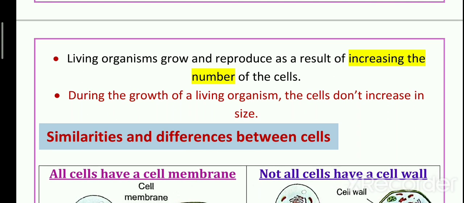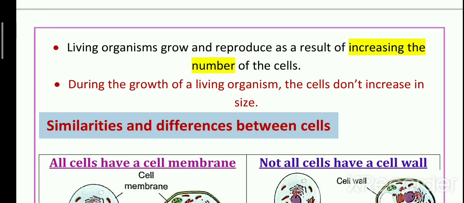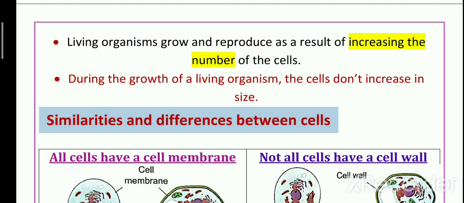So when living organisms grow and reproduce, this happens as a result of increasing the number of cells, and during growth the size of the cell doesn't increase, but the number of cells increases.